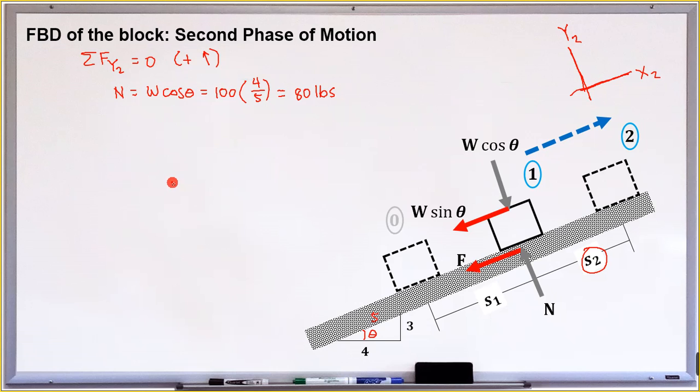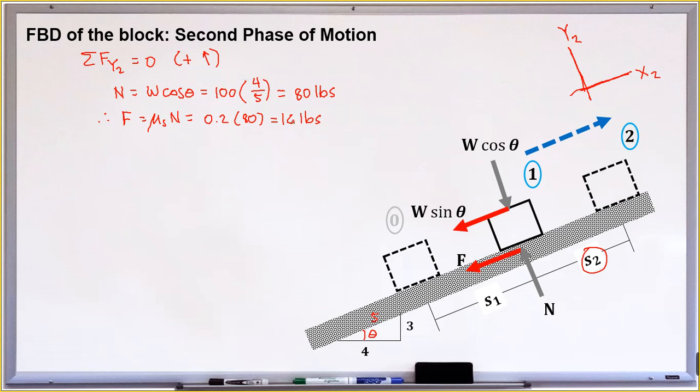Okay. After this, compute the frictional force. The frictional force is mu times N, so 0.2 times 80, that is 16 pounds.